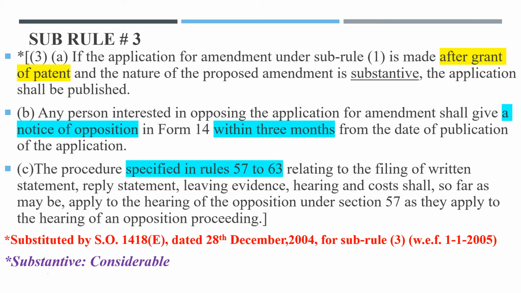Clause C says, the procedure specified in rules 57 to 63 relating to the filing of written statement, reply statement, leading evidence, hearing and cost shall so far as may be apply to the hearing of the opposition under section 57 as they apply to the hearing of an opposition proceeding.